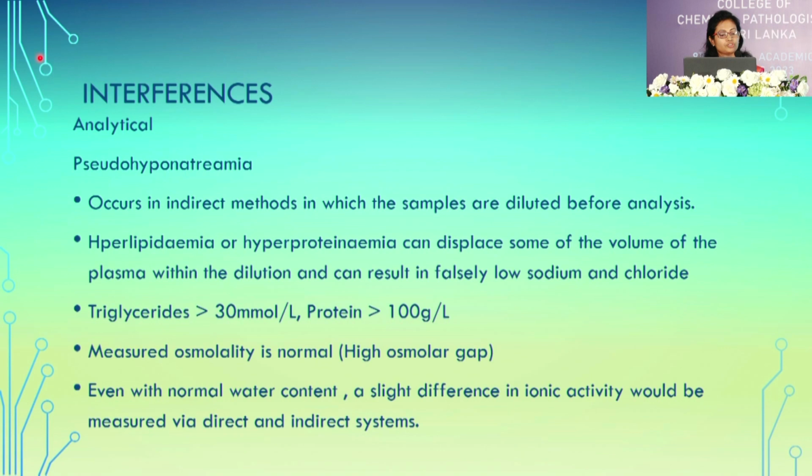So when the triglycerides are over like 30 millimoles per liter, or when proteins are more than 100, you can see this effect. So in pseudohyponatremia, the important thing is measured osmolality is normal, but there will be a high osmolar gap.